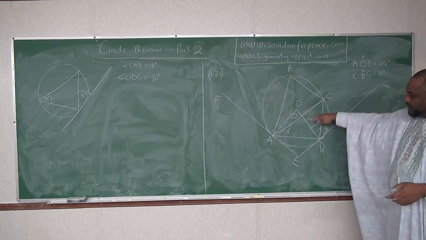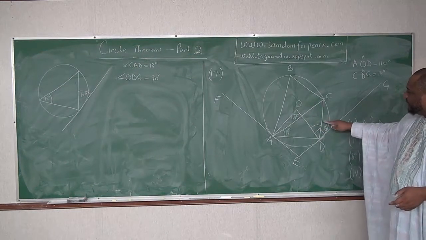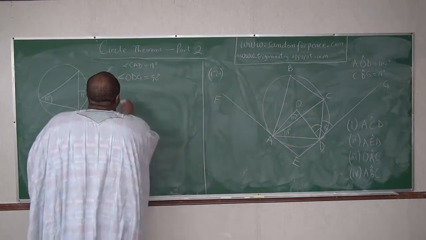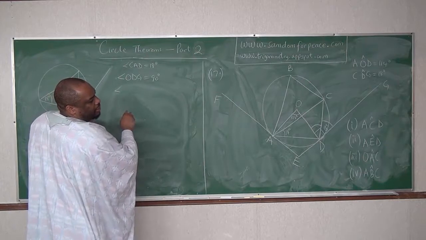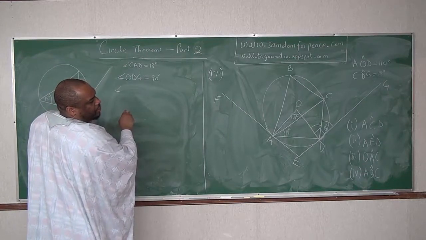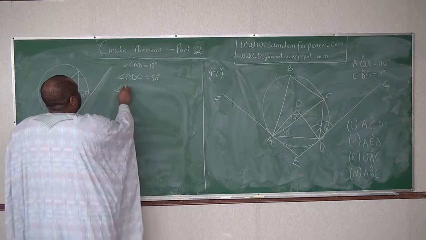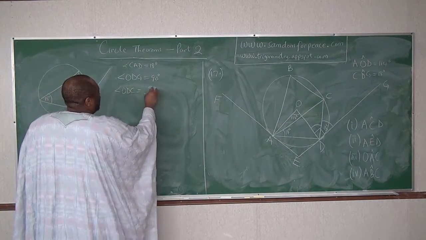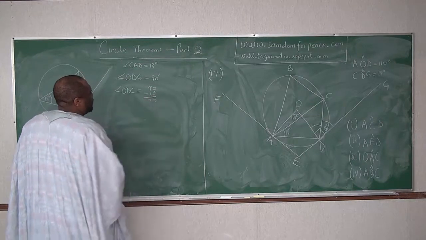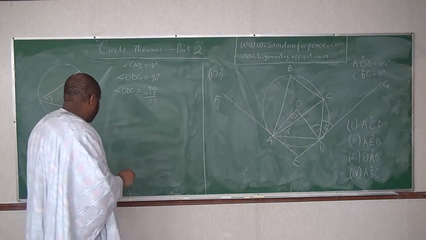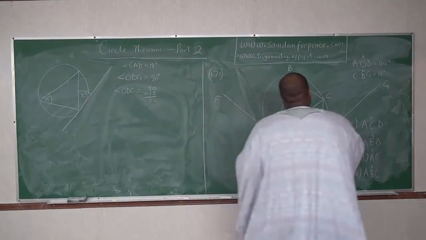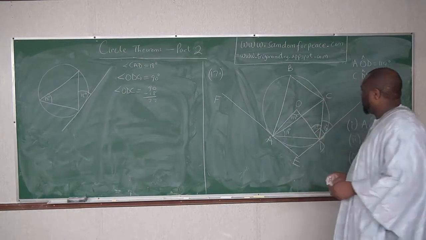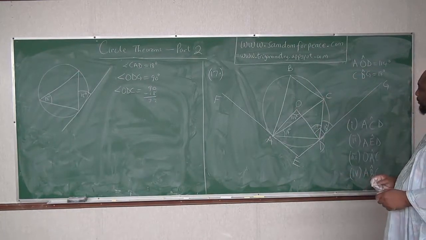Because this is the radius and this is the tangent, this is 90 degrees. 90 minus 18 gives us this. So angle ODC is 90 minus 18, and that is 72 degrees. This here is 72 degrees.